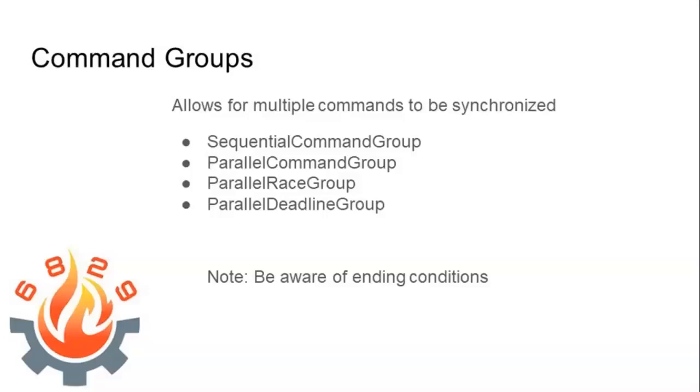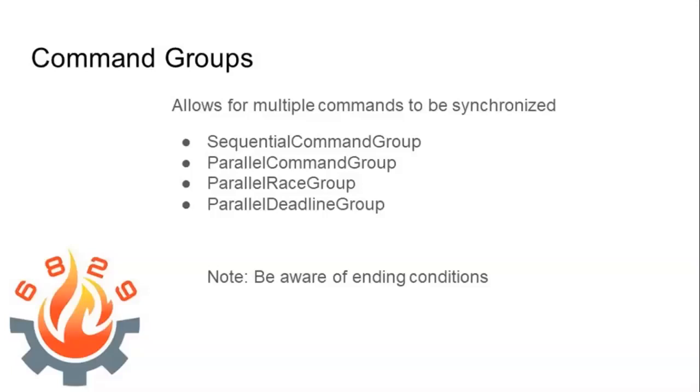So when I ask how far away from the target, and that's less than 3 inches, go ahead and fire the piece. I want that command to be the command that says I'm done. So I could do all these things together, but that group is not going to finish until the distance sensor command reads you're close enough, right?